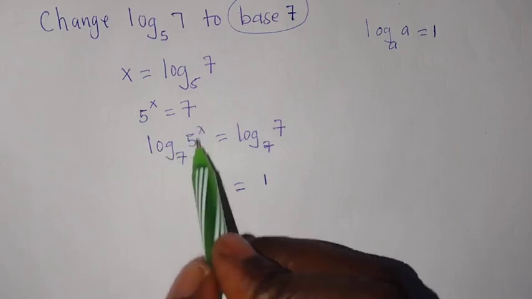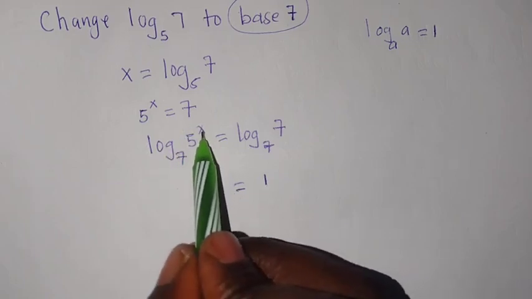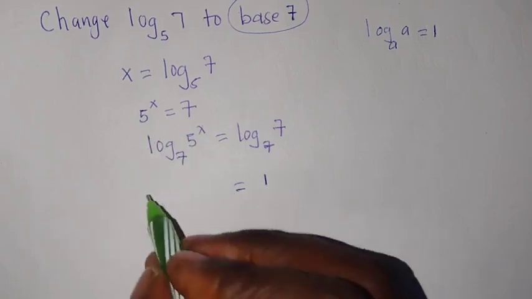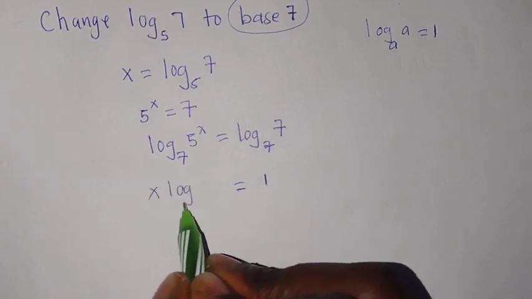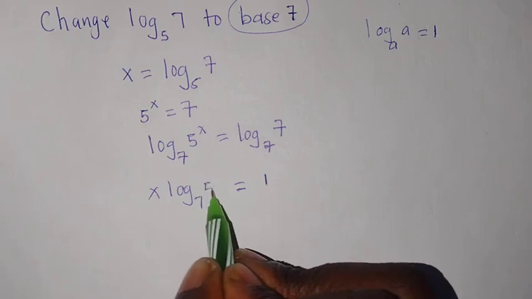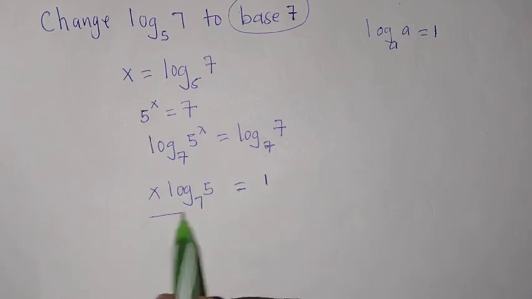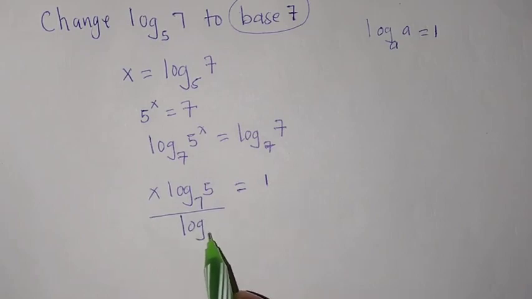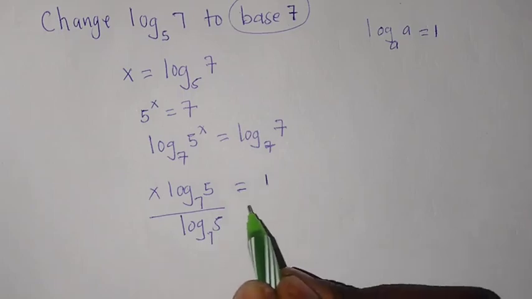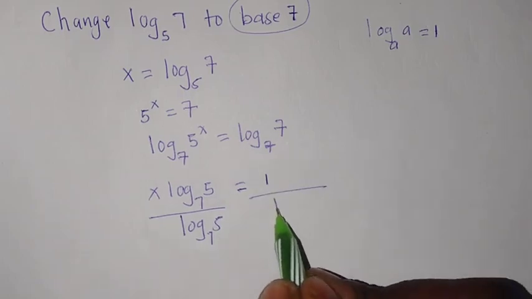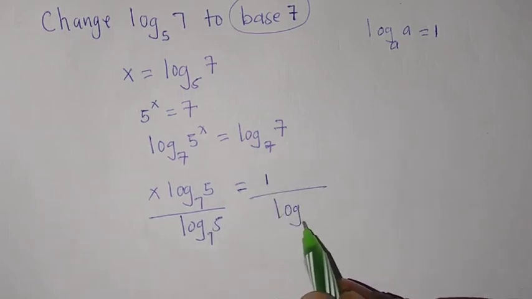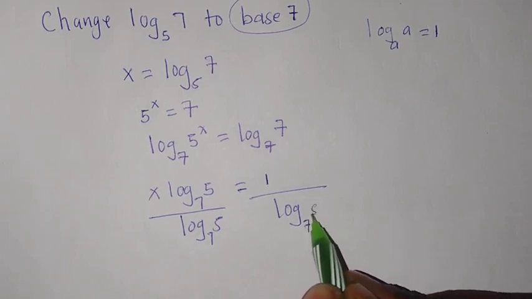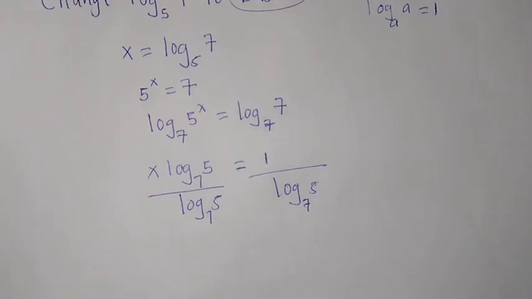Then on the left hand side, you can apply this power rule. You would take this x to be here, x, then log base 7 of 5. So we divide by log 7 with 5, then this side with log 7 and the 5. I hope you have seen what I've done here.